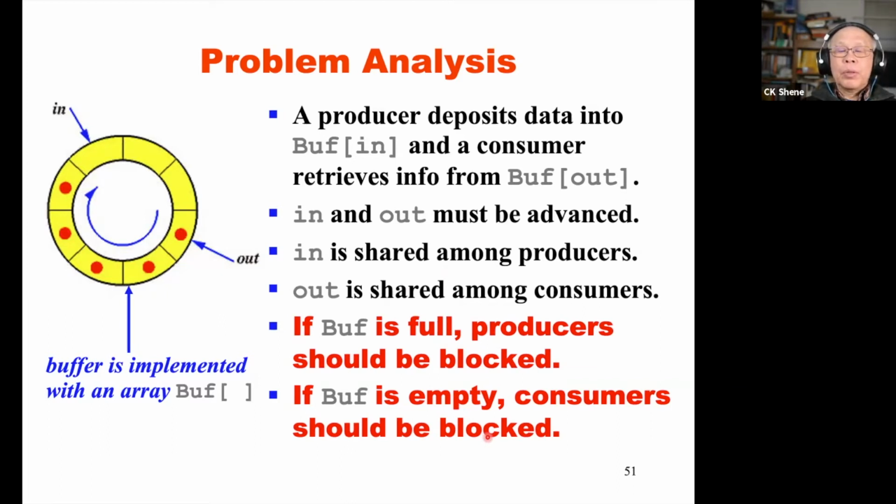A producer cannot proceed if the buffer is full until a consumer retrieves some information, and that consumer must inform a waiting producer so that that producer can go. By a similar reason, if there are consumers waiting because the buffer is empty, then after a producer adds information to the buffer, that producer must inform a waiting consumer, indicating that, okay, you can go.